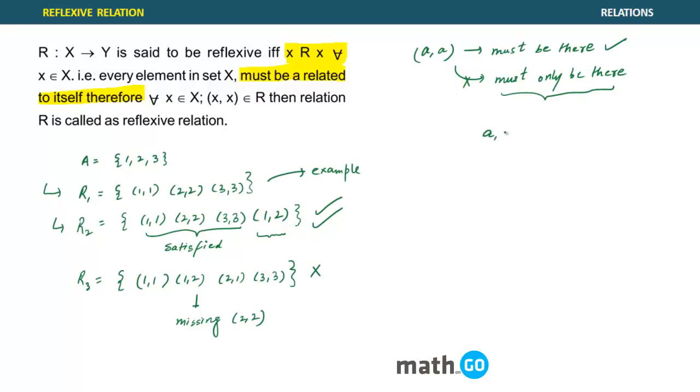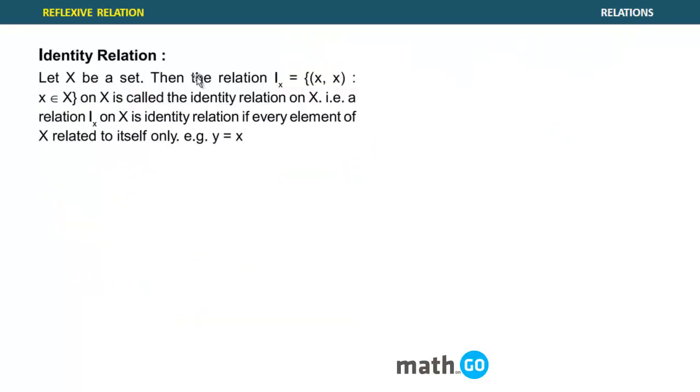So if A comma A is there in the relation on set X, that means it's a reflexive relation. Next is the identity relation. It is actually a part of your reflexive relation only. So I can say that identity relation is nothing but a subset of reflexive relation.